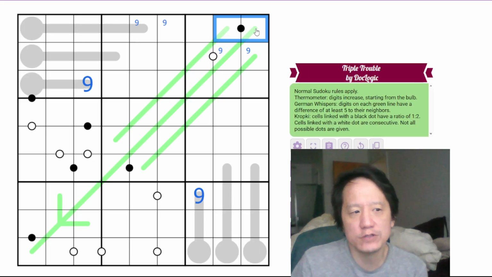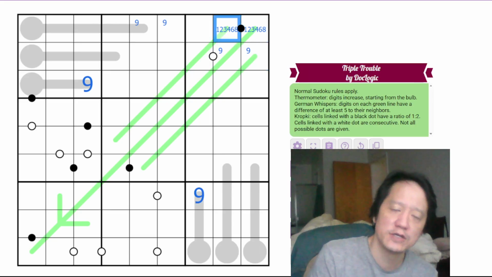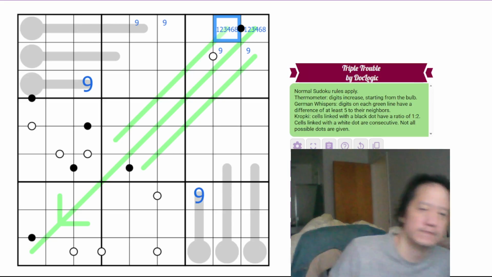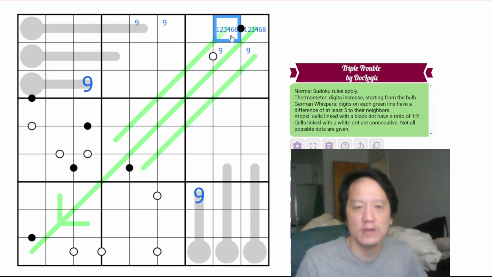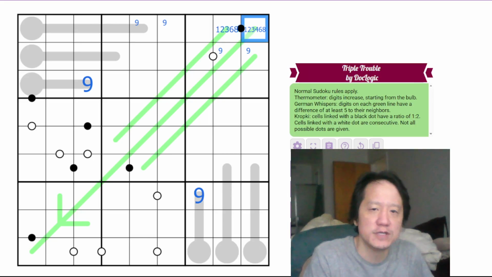Again, it could be 1, 2, 3, 4, 6, and 8 as possibilities next to the black Kropke dot. If this were a 4, this would have to guarantee 9 to be there, which is not possible because 4s can only be next to 9 on a German whisper line. So this can't be 4, which means 8 cannot be here.